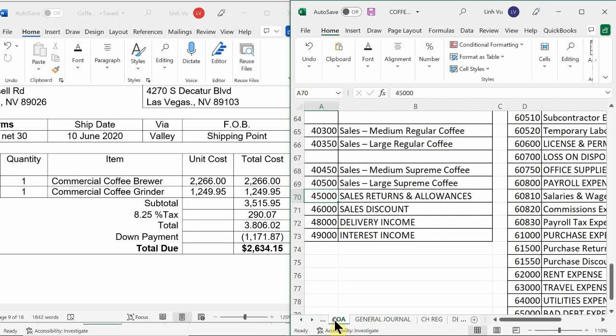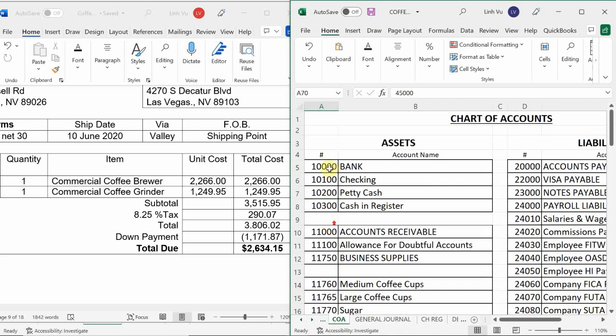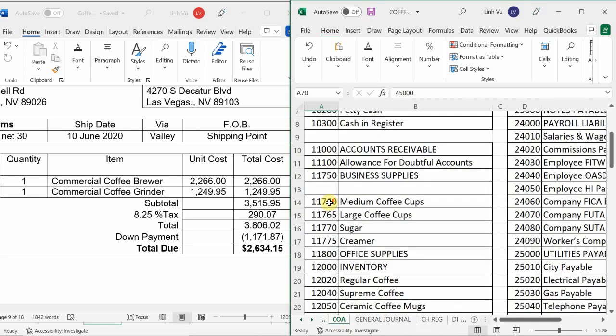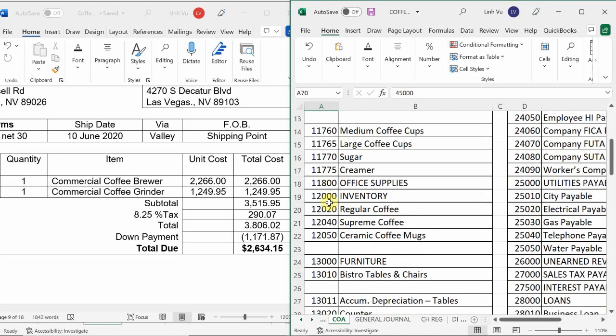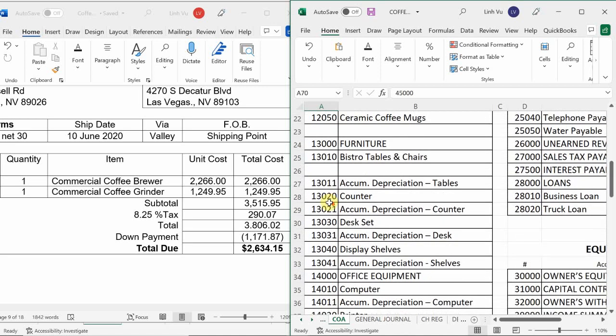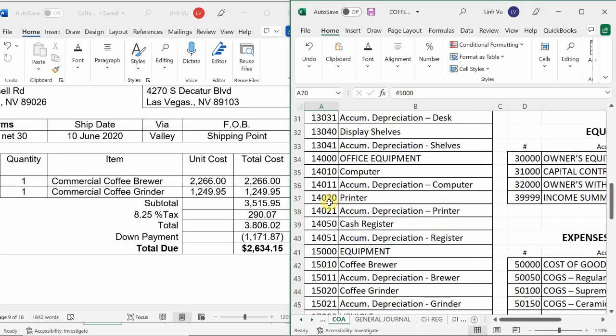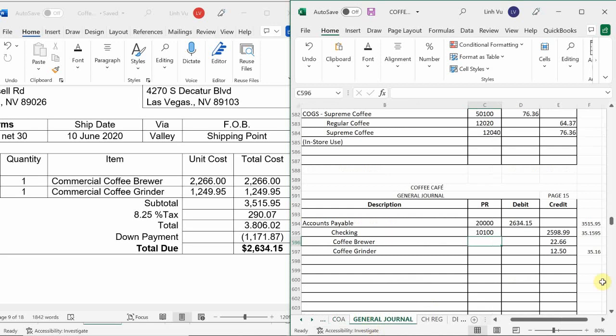All right, so what's my coffee brewer account and my coffee grinder account, so I can adjust those accounts accordingly? $150.10 and $150.20. Good. Okay. And I can go ahead and write my check out for the $2,598.99.